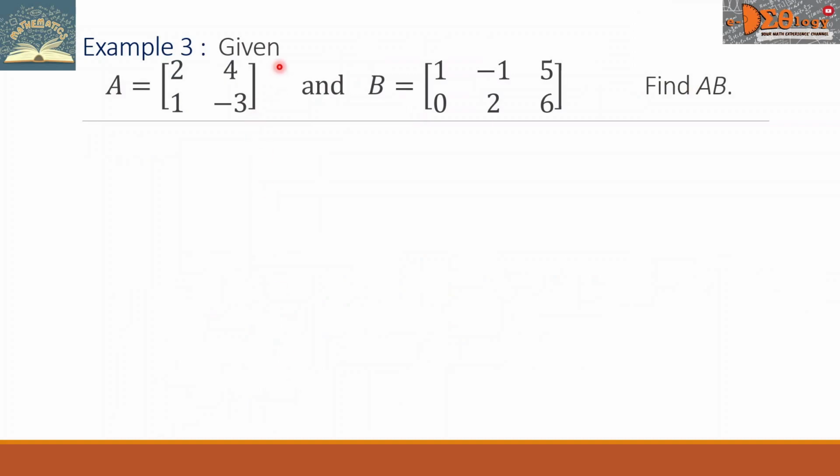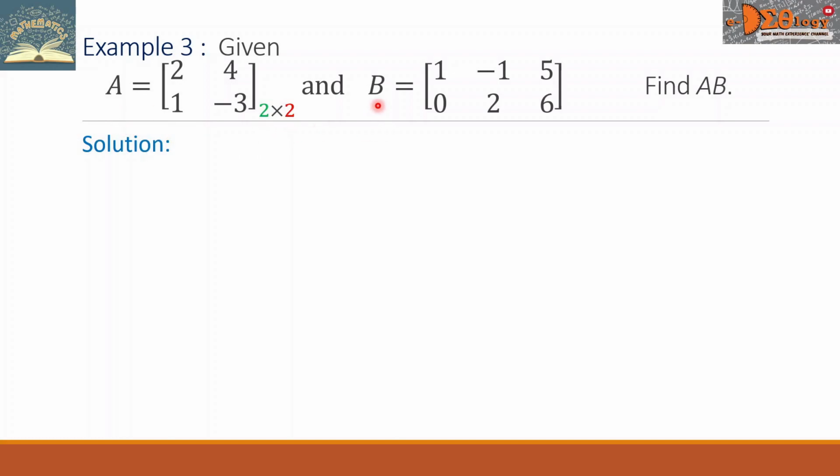Example 3. Given matrix A with elements 2, 4, 1, negative 3. Matrix B with elements 1, negative 1, 5, 0, 2, 6. Find product AB. We identify the size of matrix A to be 2 by 2.